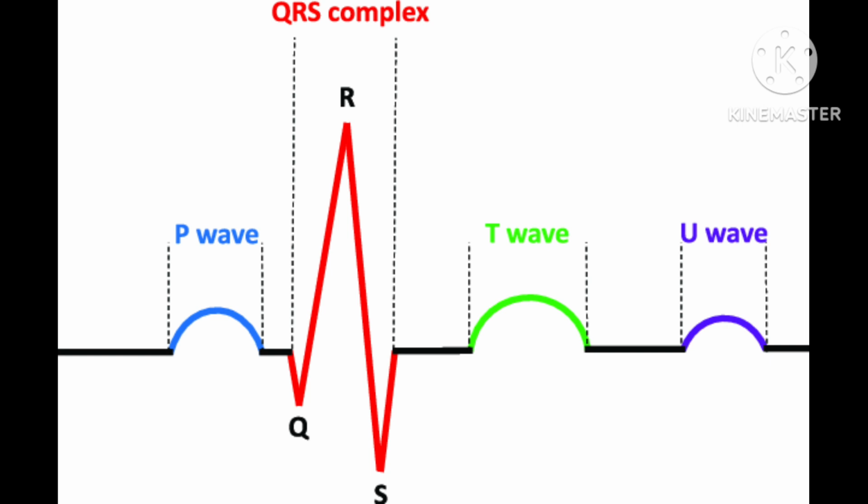Now I am telling you, listen carefully. The electrodes are connected to an ECG machine by lead wire, made of lead.